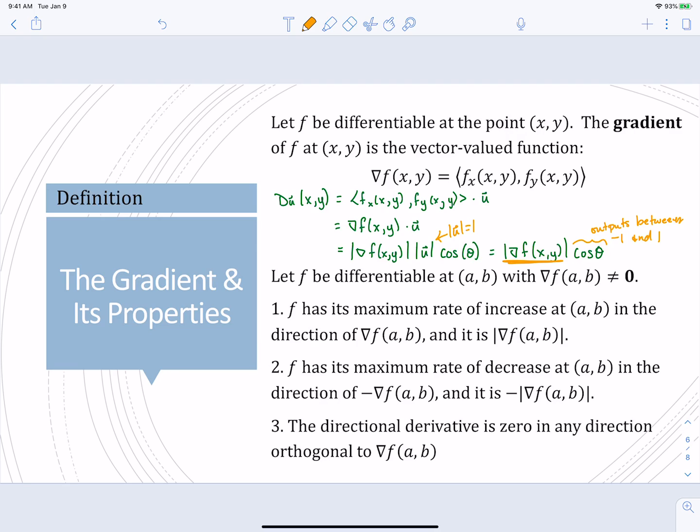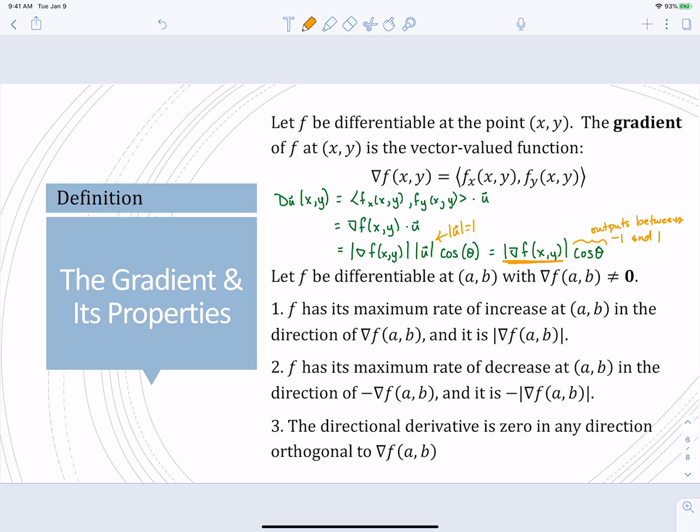So that leads us down here to our interesting facts about the gradient. We've got that f is differentiable at our point (a, b), and our gradient is not 0. Our function has the maximum rate of increase at that point in the direction of the gradient, and that maximum rate of increase is the magnitude of the gradient. So if we go in the direction of the gradient, that is going to give us the biggest increase that we have.